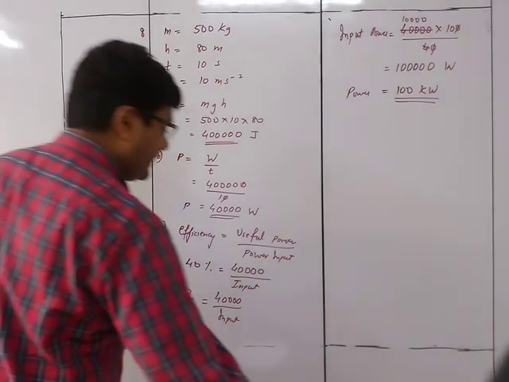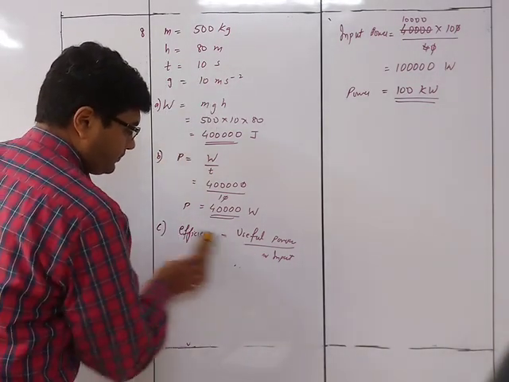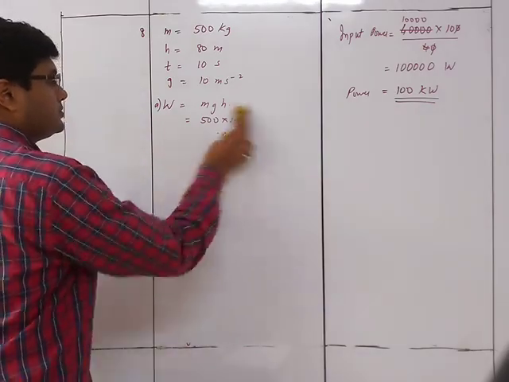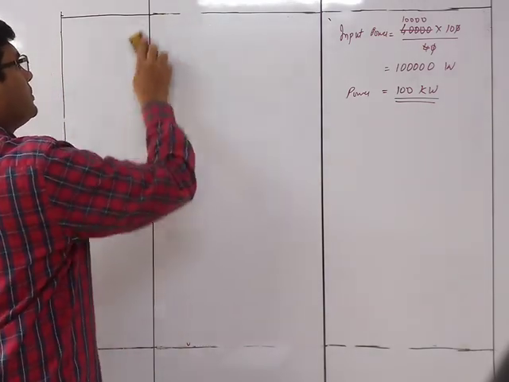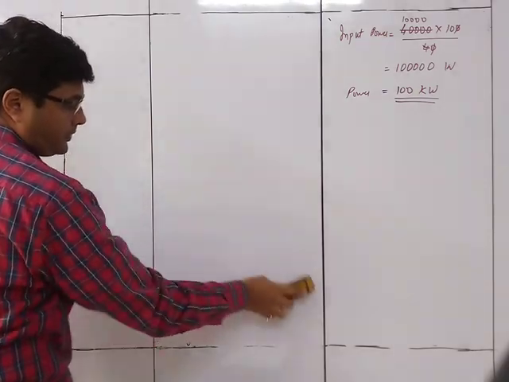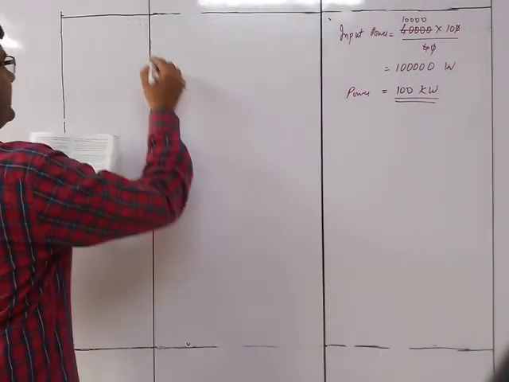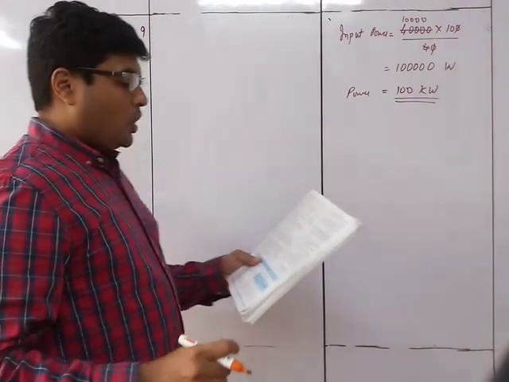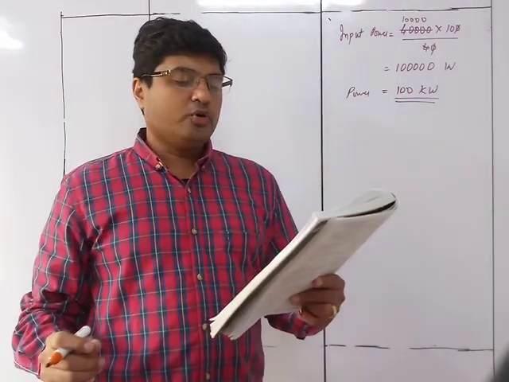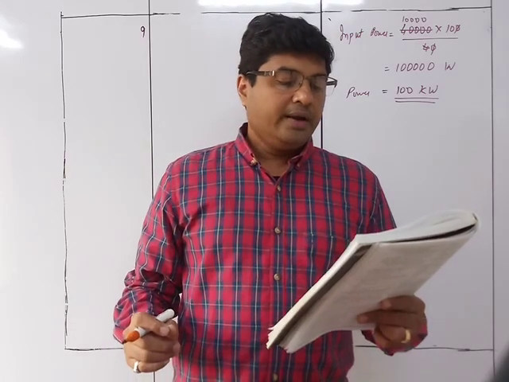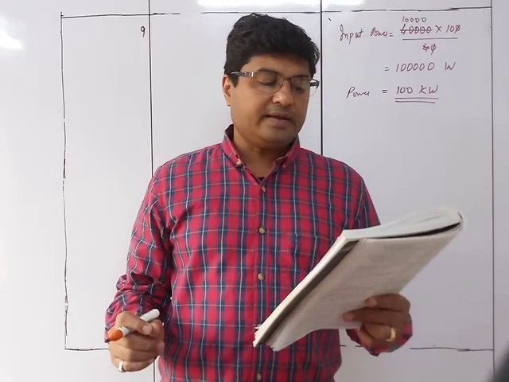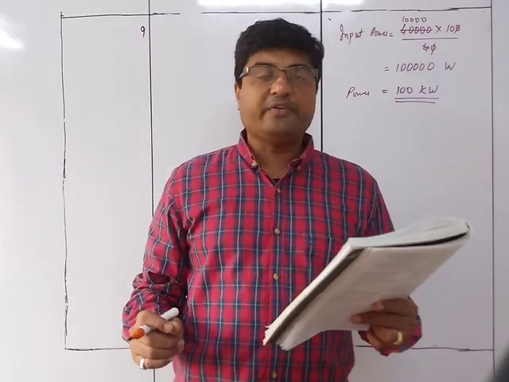The next one, question number 9. An ox can apply a maximum force of 1000 Newton. It is taking part in a cart race, and is able to pull the cart at a constant speed of 30 meters per second.